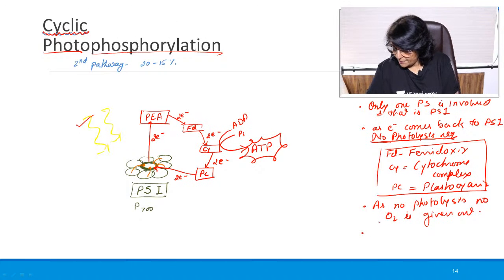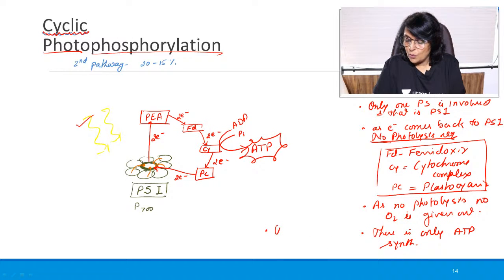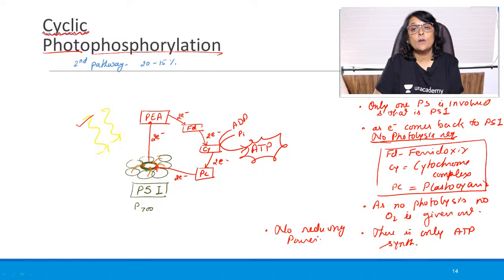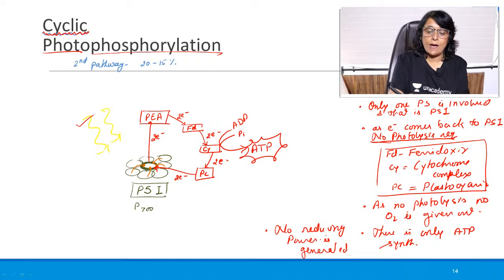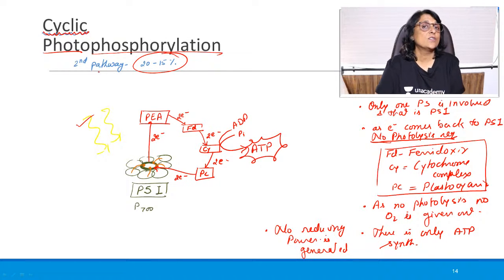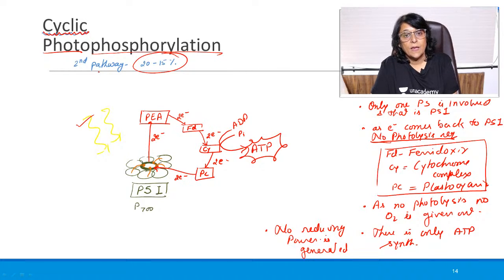So here there is only ATP synthesized, no reducing power is generated.